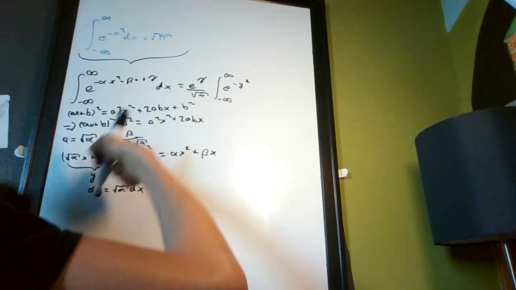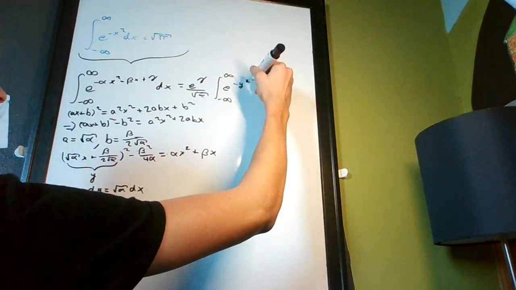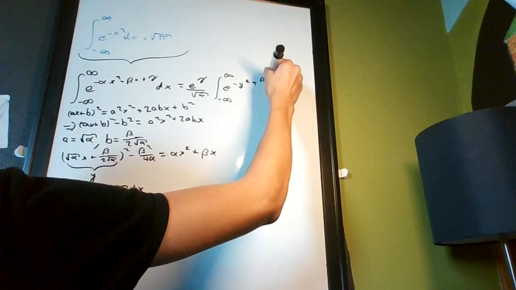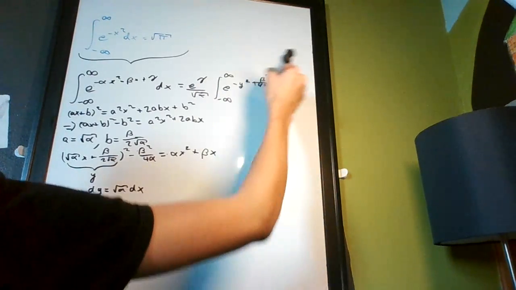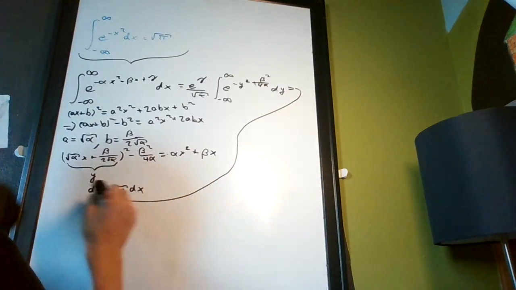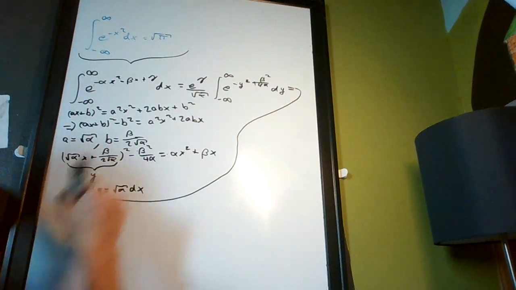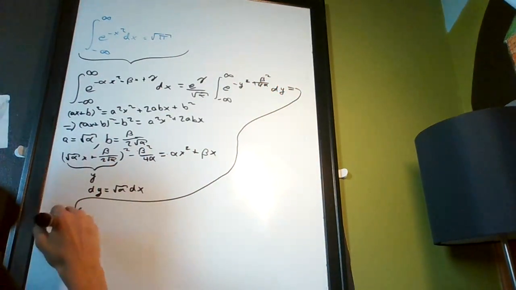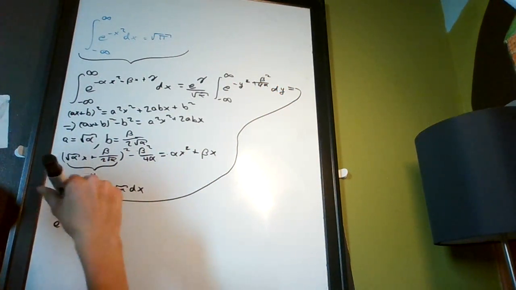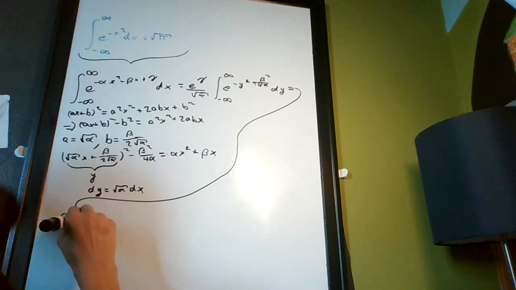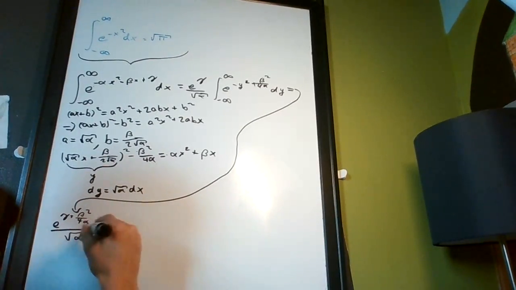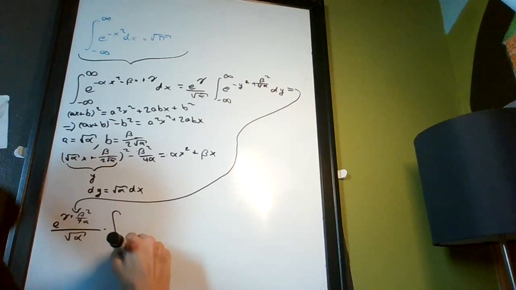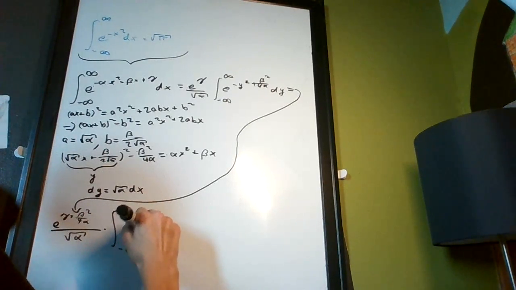So the negative y squared plus beta squared over 4 alpha, because we took the negative, dy, and continuing it on down here, bringing out that beta squared on 4 alpha, I get e to the gamma plus beta squared on 4 alpha divided by square root alpha, and then we're going to multiply that by the integral from negative infinity to infinity e to negative y squared dy.